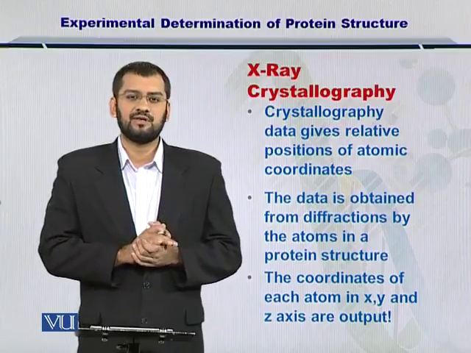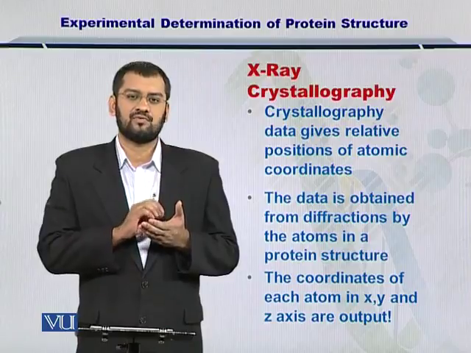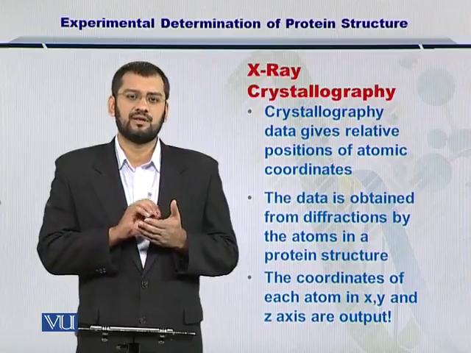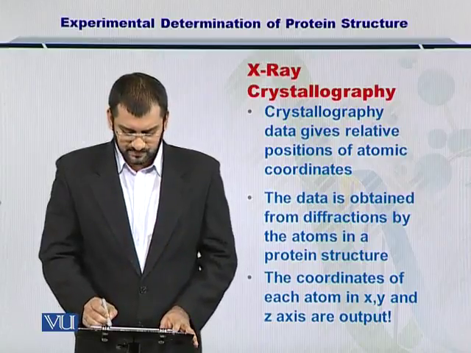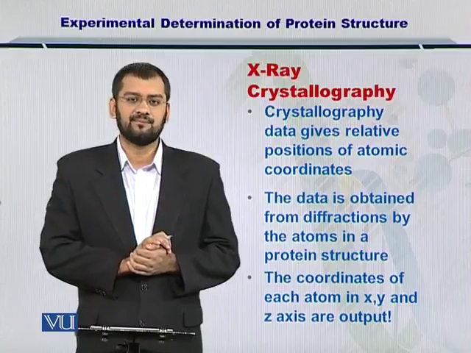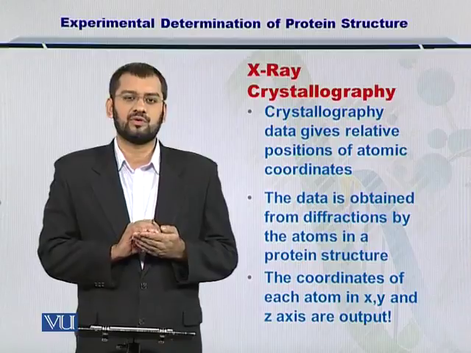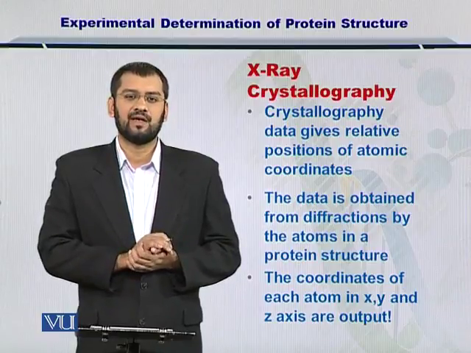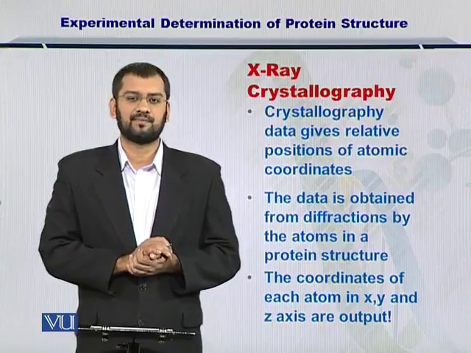Similarly, for proteins, it can help you to get the position of alpha carbons within the different backbone positions. So once these positions are measured experimentally, then you can store them using the Cartesian coordinates x, y, and z, and therefore reconstruct the entire backbone of the protein.